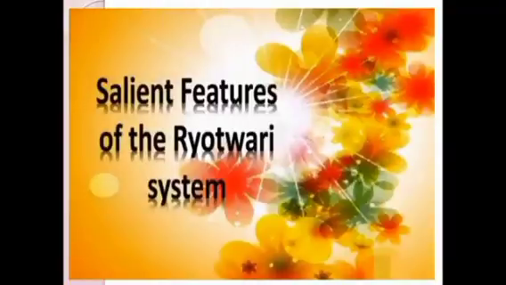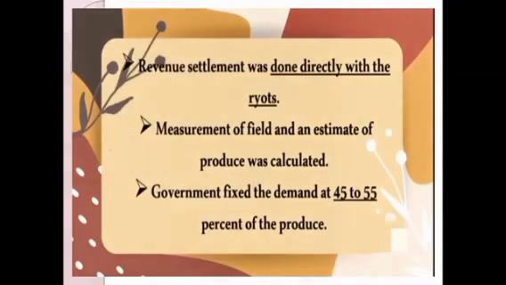Next, we are going to see salient features of the Ryotwari system. So, what are the main features of the Ryotwari system? The first feature is revenue settlement was done directly with the ryots. Here, ryots means the farmers.